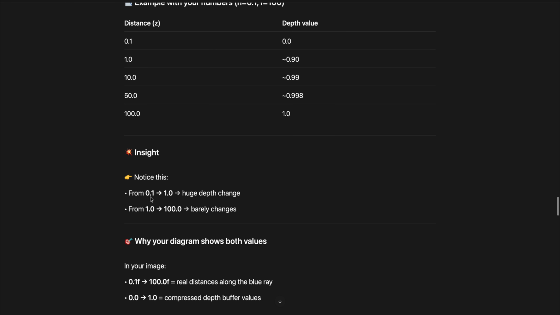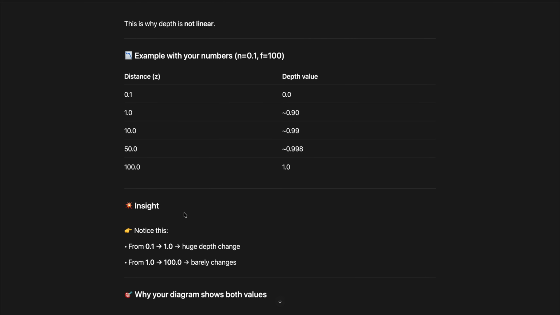Insight, notice this. From 0 to 1, there's a huge depth change. From 1 to 100 it barely changes, right?